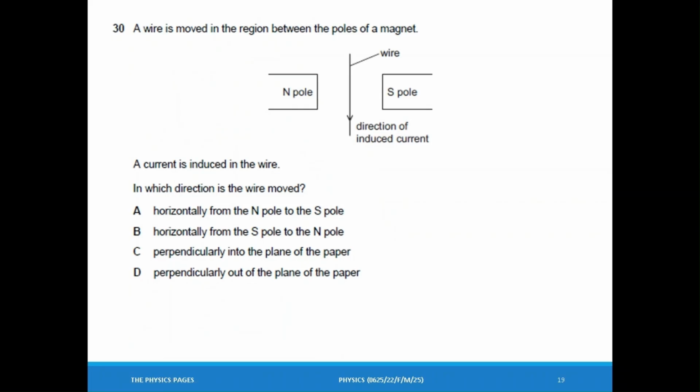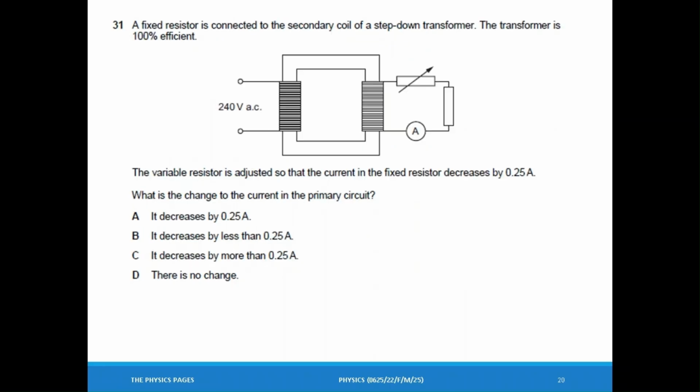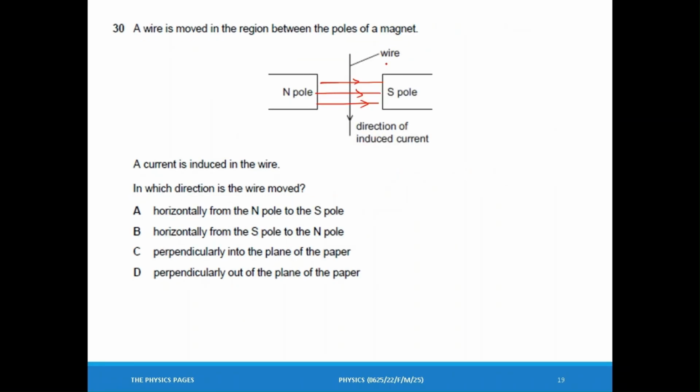Question number 30 is about the current induced in a wire that is placed inside a magnetic field. Whenever we have a magnetic field and a wire is pushed into it, current is induced. This comes with the right hand rule, in which we need to remember that the magnetic field, the motion and the current should be perpendicular to each other.